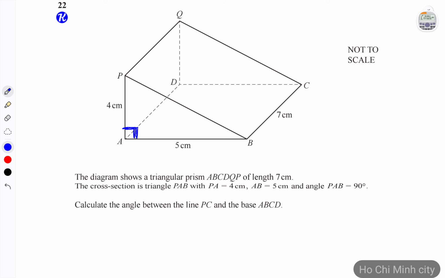Calculate the angle between the line PC and the base ABCD. So first of all, connect these 2 points. The angle between the line PC and the base is going to be this angle.